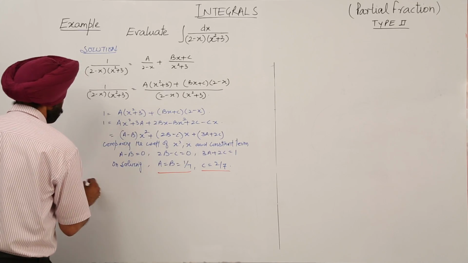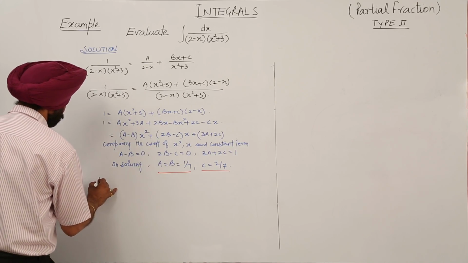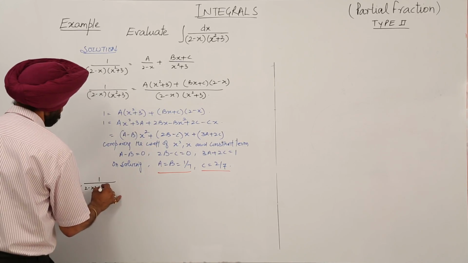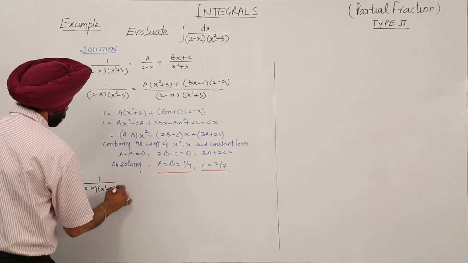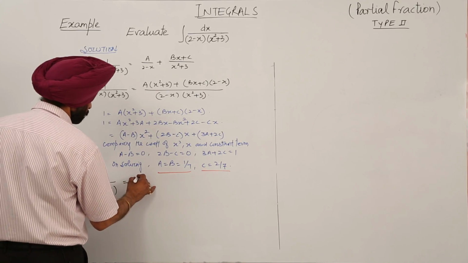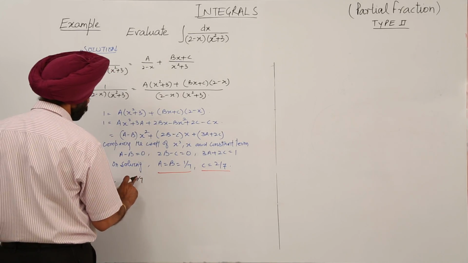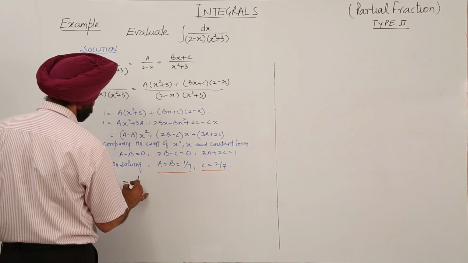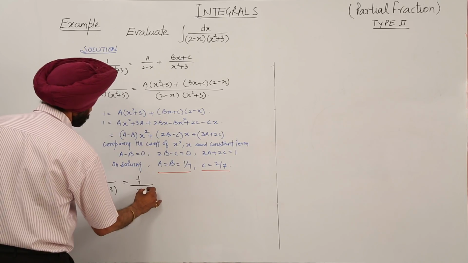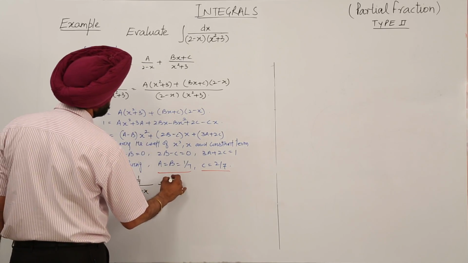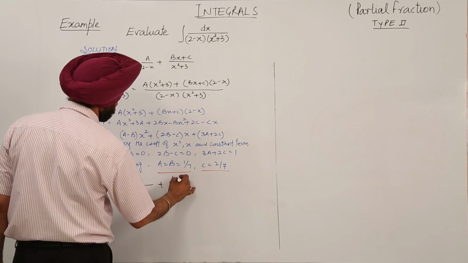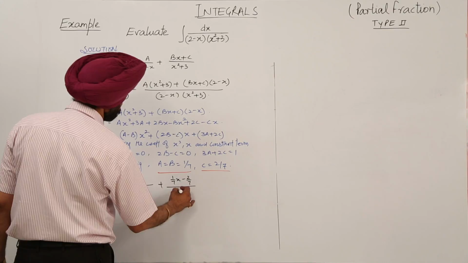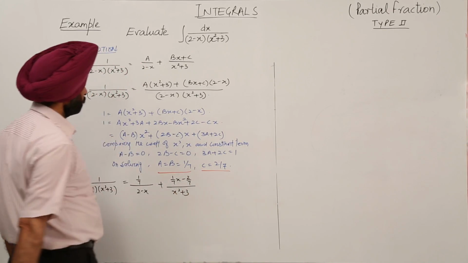Now 1 upon (2 minus x)(x square plus 3) is equal to 1 upon 7 upon 2 minus x plus (1 upon 7)x minus 2 upon 7 upon x square plus 3.